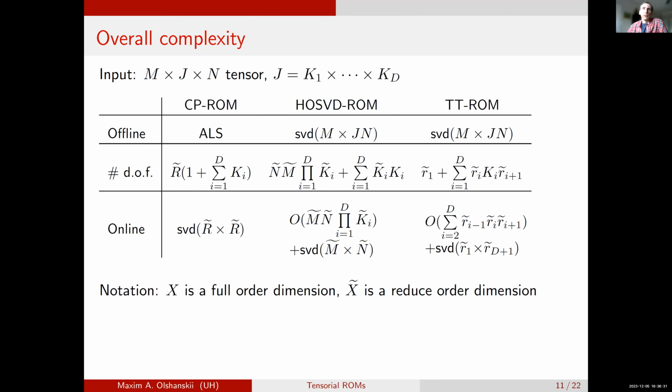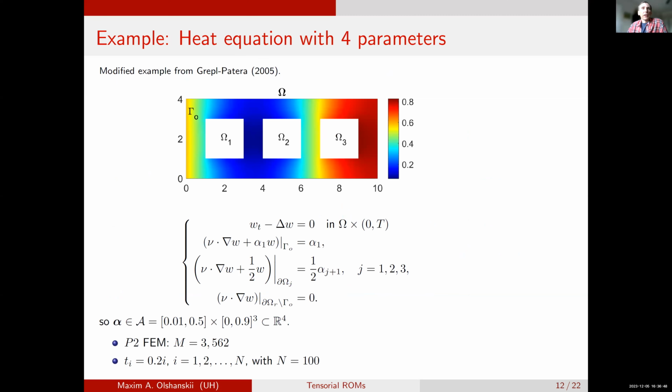So if we have high dimensional spaces, probably TT, or CP if we have nice separation of variables, is the way to go.